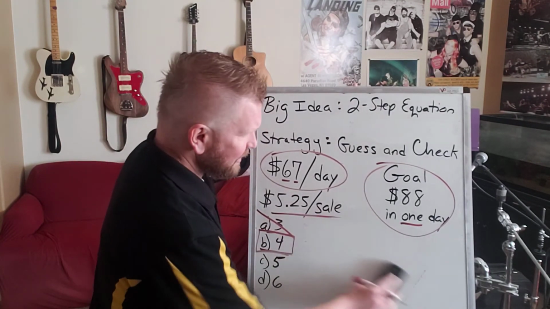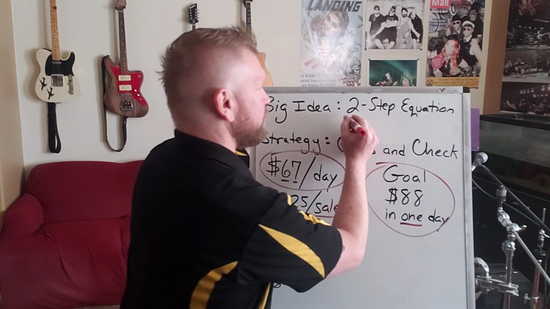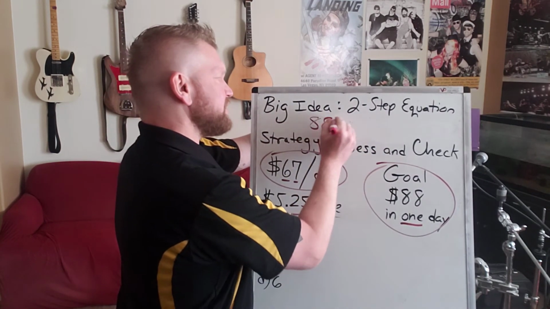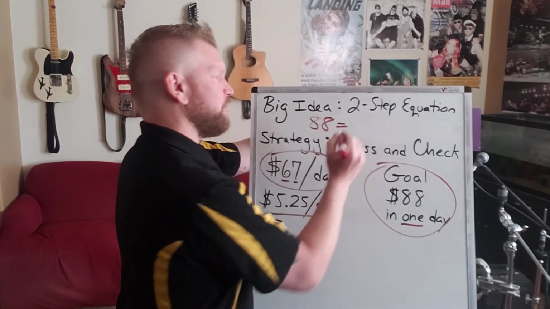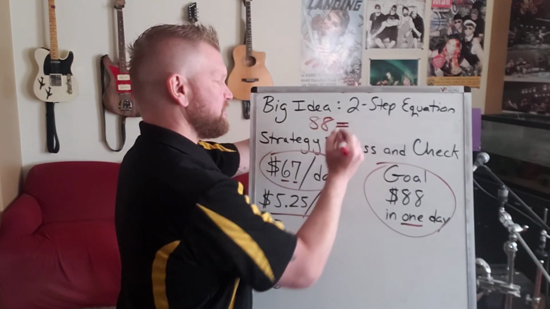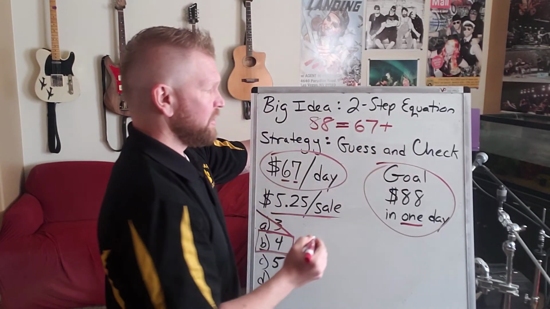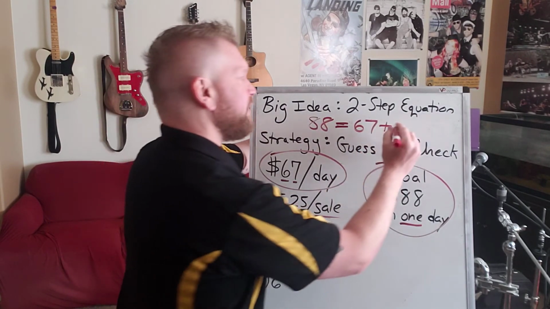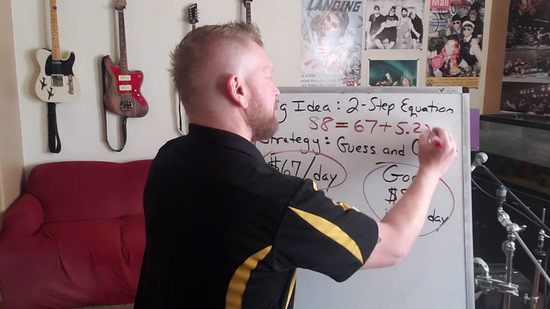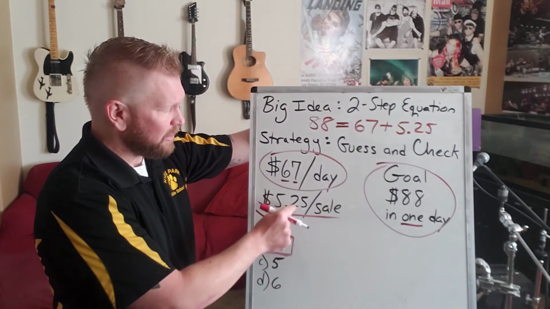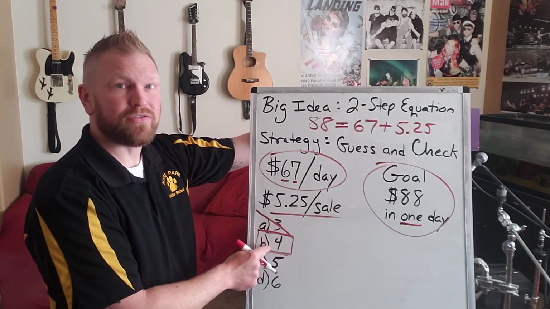Now, the idea that this could have been a two-step equation would be like this. All right, so $88 is the total. That needs to equal the amount that you're earning. So how much are you earning? You're earning $67 in a day, plus you're earning $5.25. And remember that we did $5.25 times 3 when we guessed 3. We did $5.25 times 4 when we guessed 4.